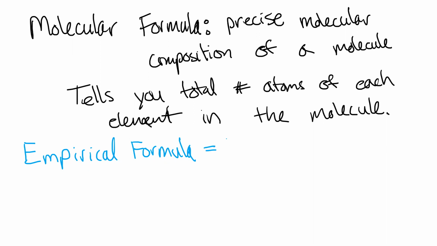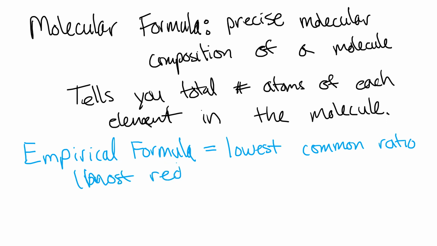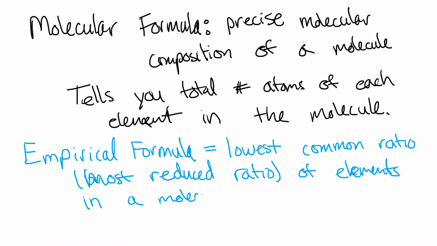The empirical formula is the lowest common ratio, I should say, most reduced ratio of elements in a molecule. It does not tell you the full composition. It just tells you the ratio of elements to each other. Maintains the ratio, doesn't tell you the total. Okay.